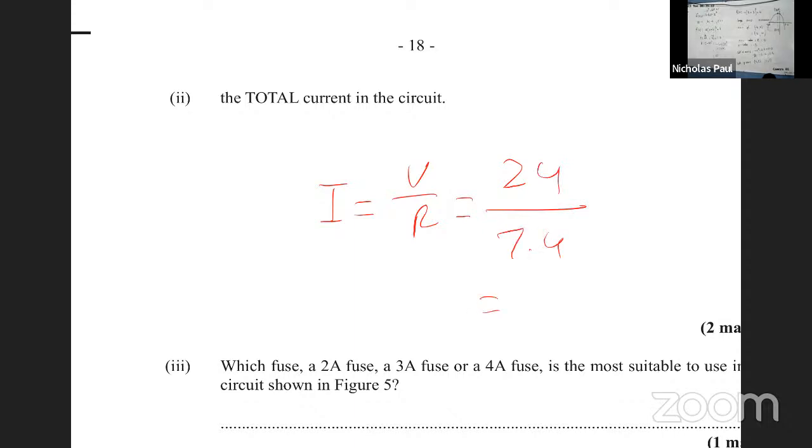Right, work it out. How much is that? 3.24 amperes.